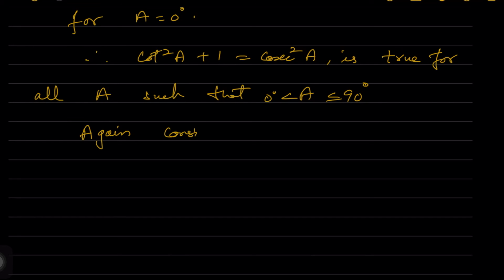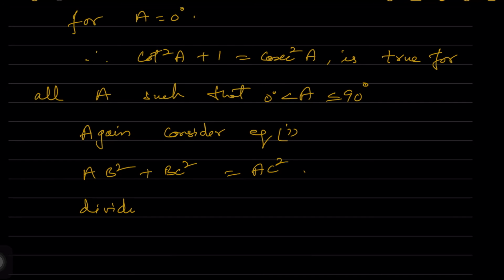Now again we are considering equation 1, where AB square plus BC square is equal to AC square. Now we are dividing it throughout by AB square.